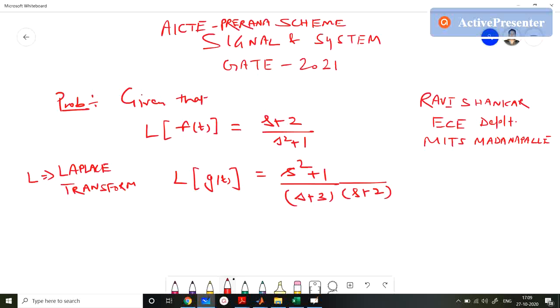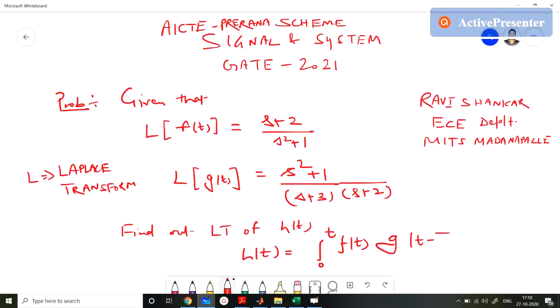Now find the Laplace transform of h(t), where h(t) is the integral from 0 to t of f(T) g(t minus T) dT.